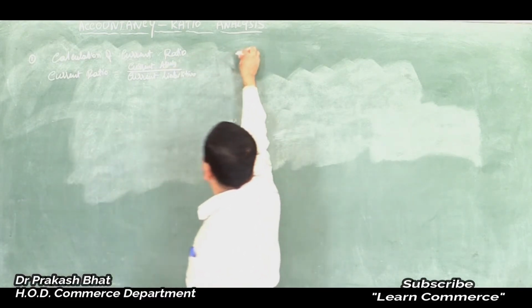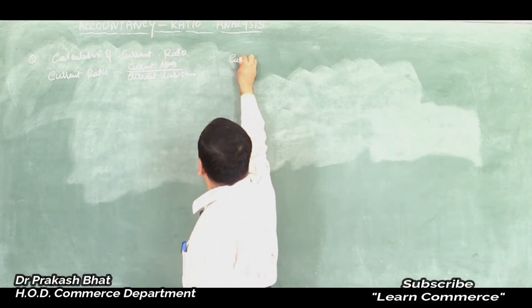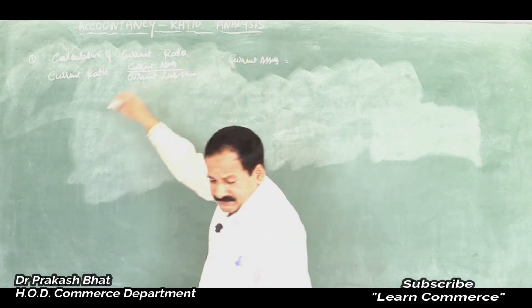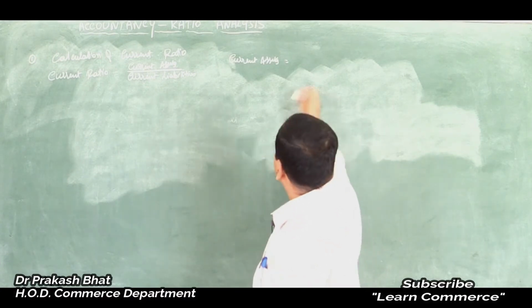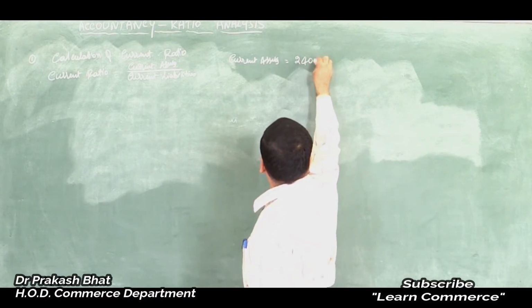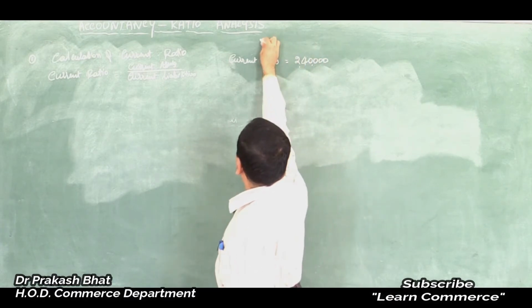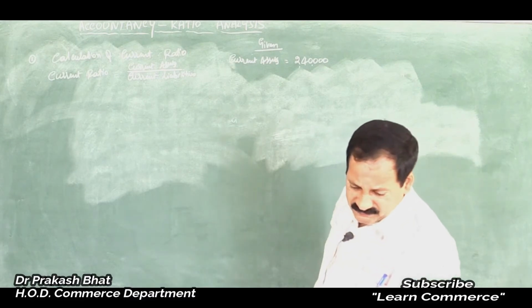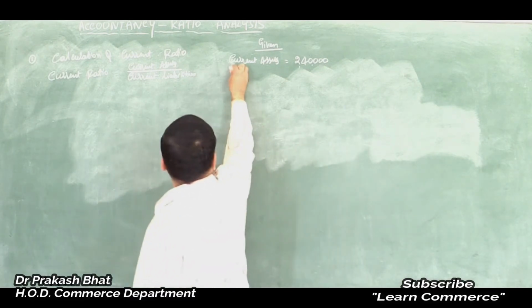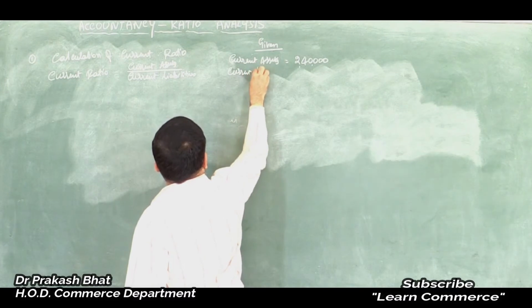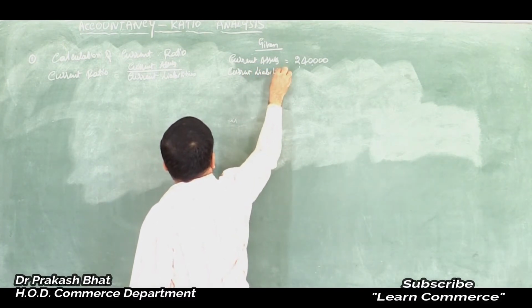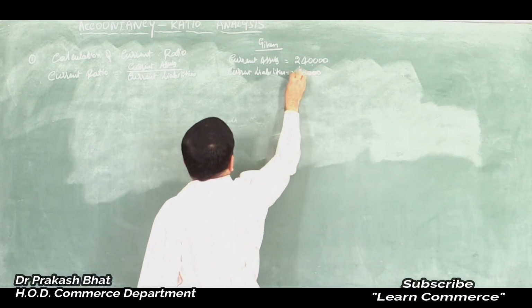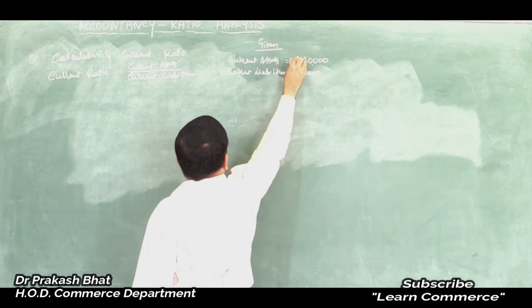On this side you have to write whatever is required for your current assets. Is it given in the problem? Yes, it is. The amount is given in the problem: current assets 2,40,000 rupees, current liabilities 60,000 rupees.